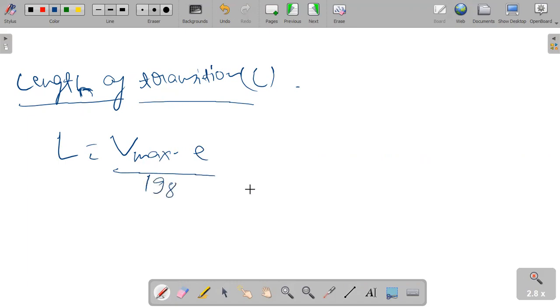Yeah, so by using this formula we'll get the value of the length of transition curve.